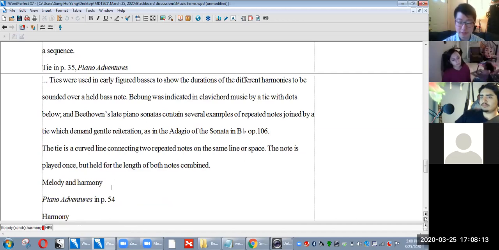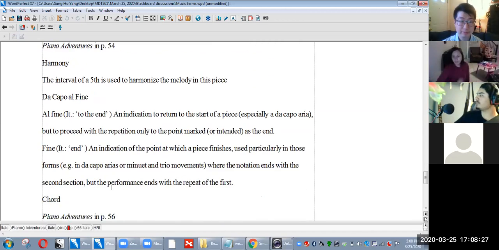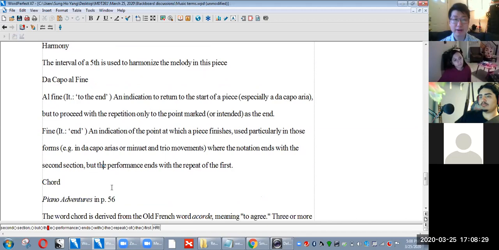So far, today's topic is chord and interval and key signature, relative and parallel key. So interval number 5, fifth.